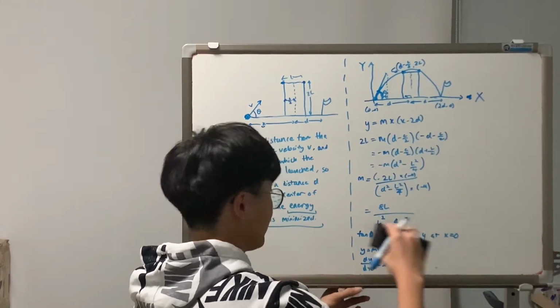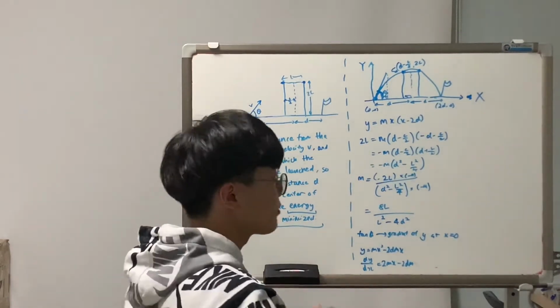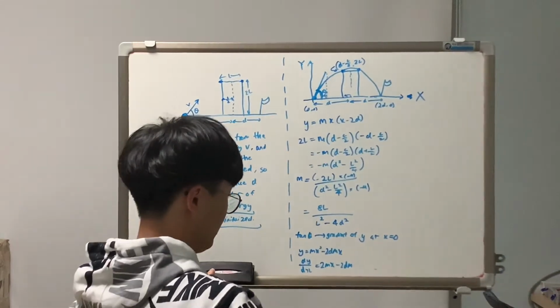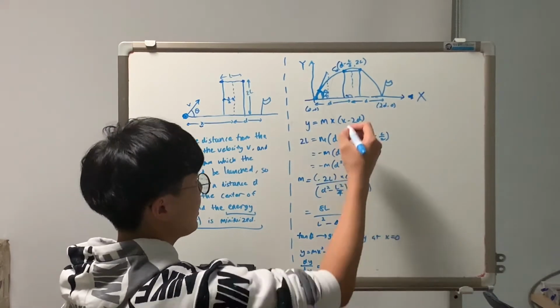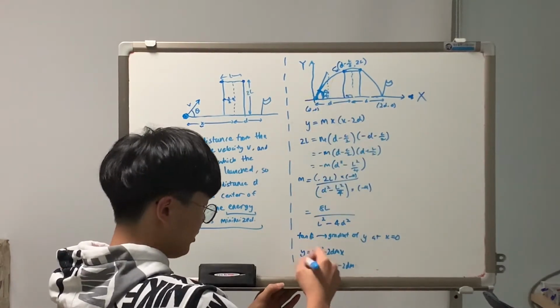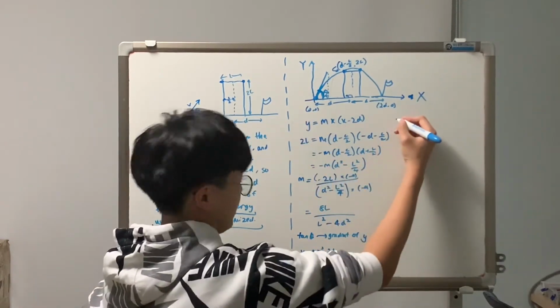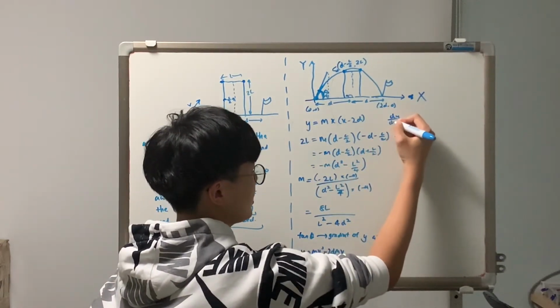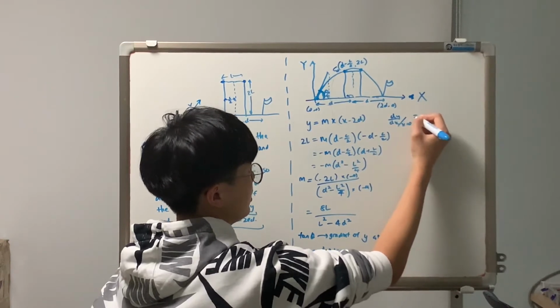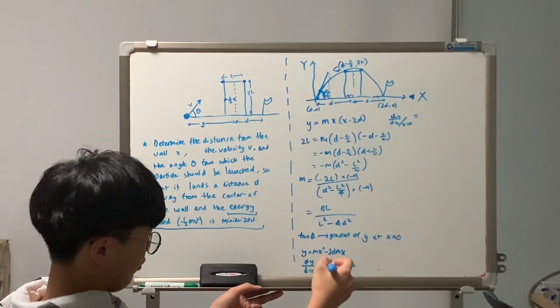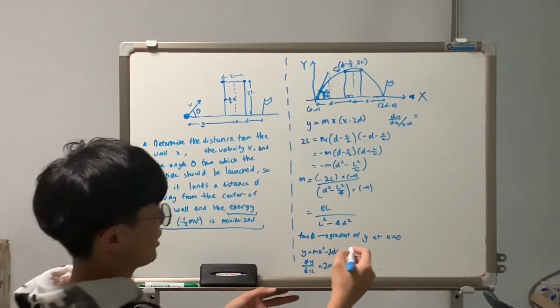We got dy over dx like that. Now, we said that the gradient dy over dx at x equals 0 would be equal to tangent theta. And so dy over dx at x equals 0 is equal to, plug in m, we get rid of this, and we only get minus 2dm.